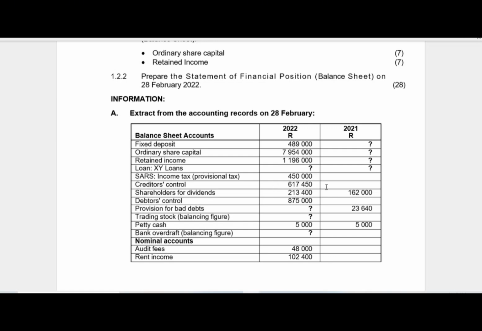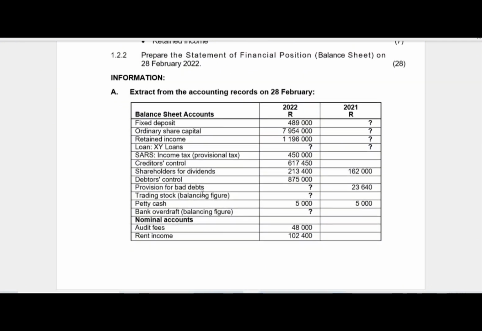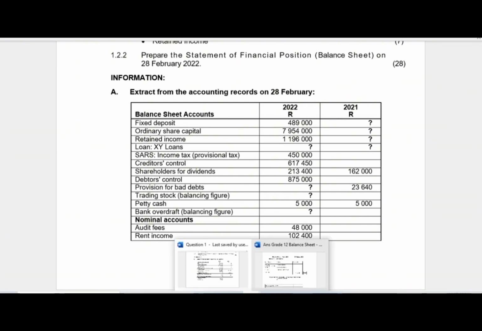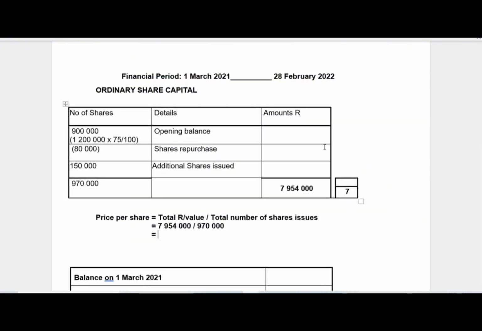Let me double check again: 7,954,000 divided by 970,000. I'm getting 8 rand, so it's going to be 8 rand and 20 cents, right? 8 rand 20 cents is the price per share. Are you with me?